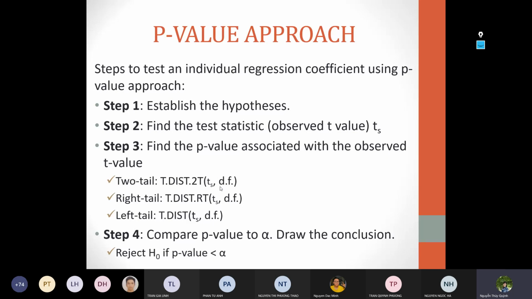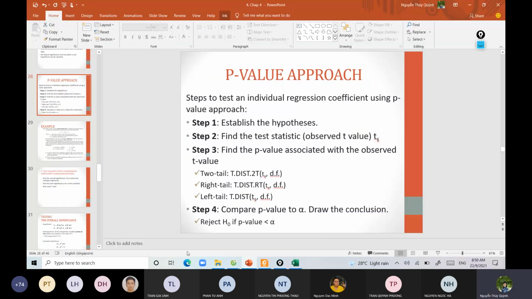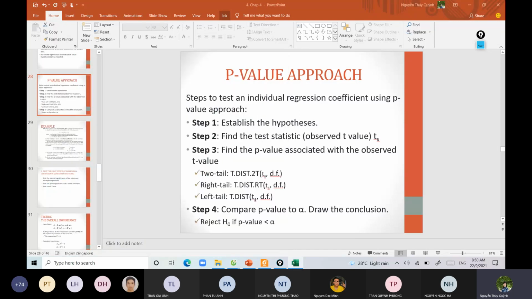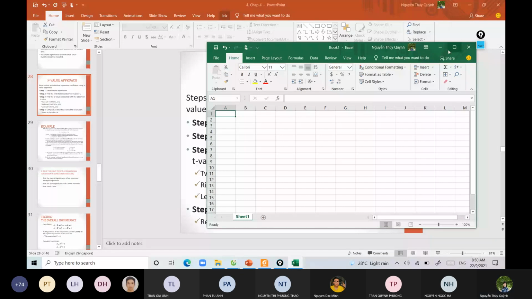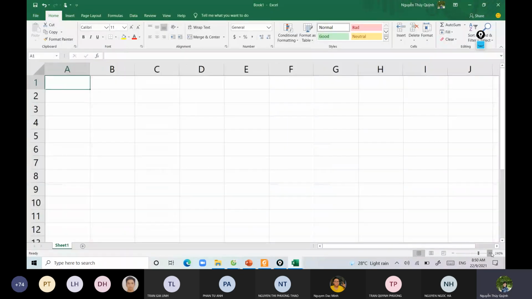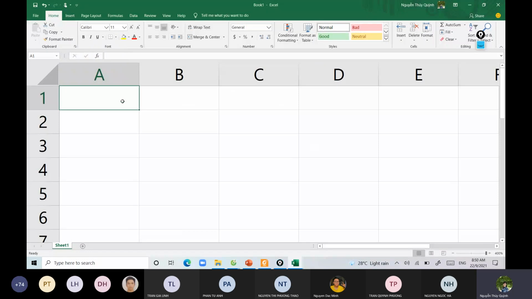Now, for example, in Excel. In the previous practice exercise, we have the observed value of T is 3.75.